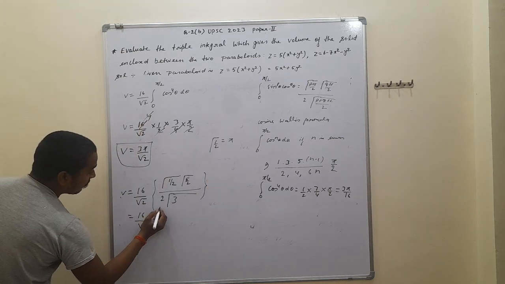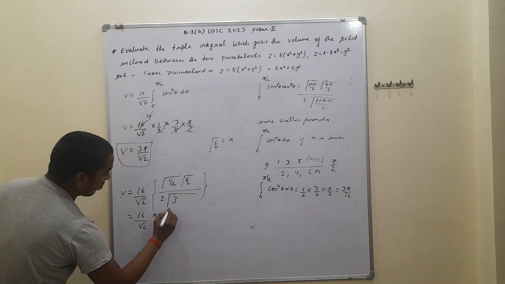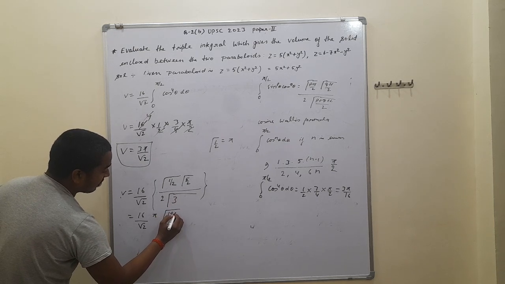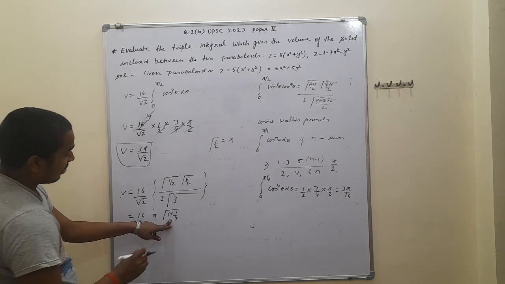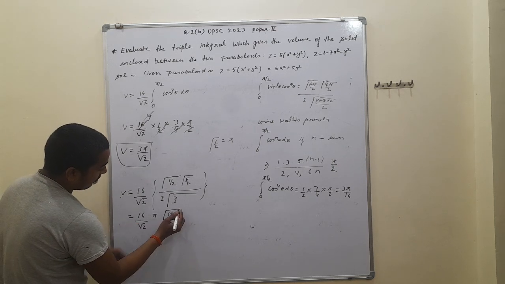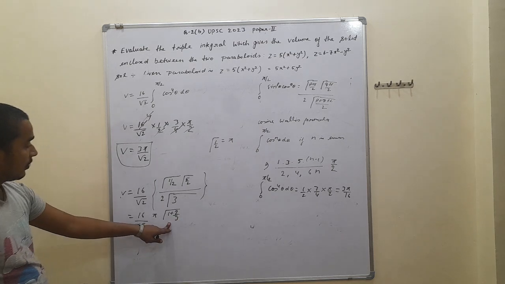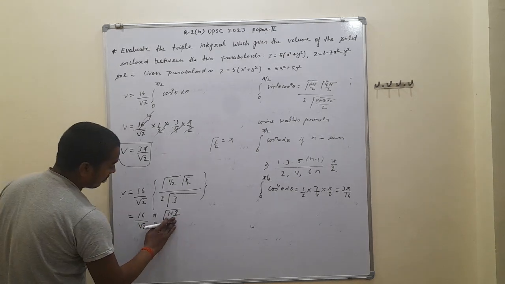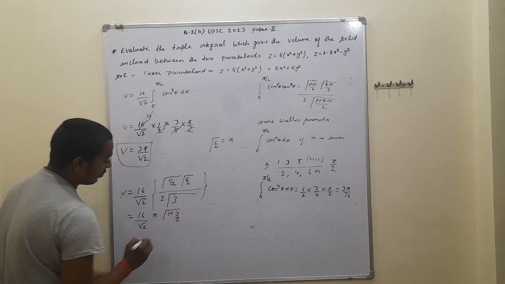We put the value of root pi, and gamma 5 by 2 is written as 1 plus 3 by 2.